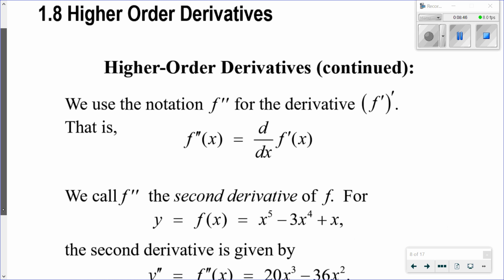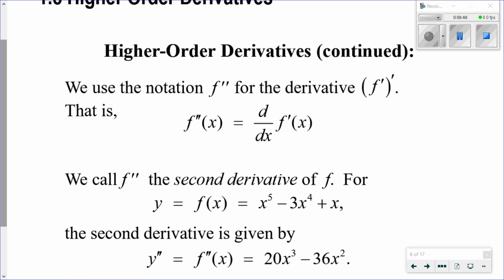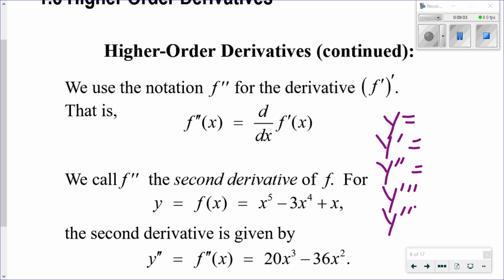So we have some notation. Let's talk about it this way. If we have y as our original function, we would have y prime as our derivative. Our second derivative is y double prime, y triple prime, y fourth, or you can change it to a 4.